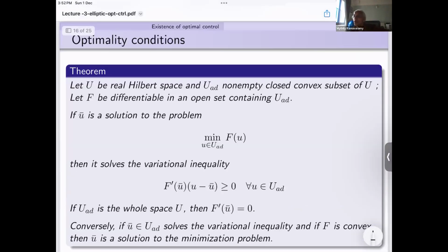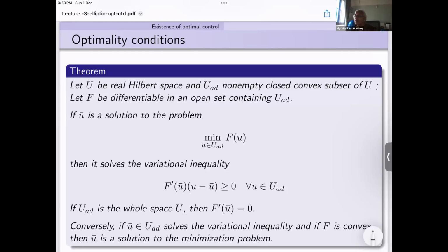Now that we are equipped with the notion of derivative in a non-linear space, we can write down the optimality condition exactly like what we did in the finite dimensional situation. So let U be a real Hilbert space and U add be a non-empty closed convex subset of U, and let F be differentiable in an open set containing U add, the set of controls.